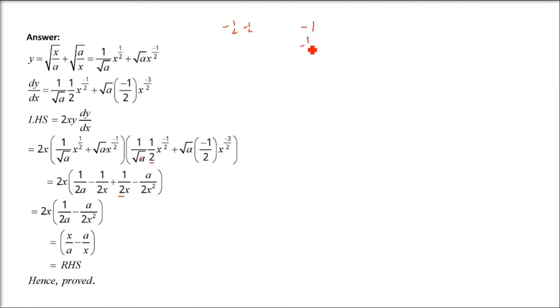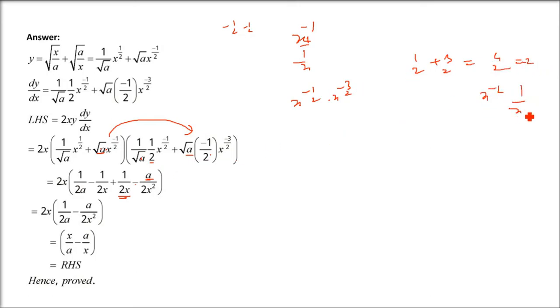So we have 1 by x, so 1 by 2x has come. Now multiplying this, root a will be a, and minus 1 by 2 it is. X is minus half and x is minus 3 by 2. So minus half and minus 3 by 2, it will be minus half and 3 by 2, so 4 by 2, that is 2. So minus is already there. So x raised minus 2. So you have 1 by x square. That is how x square has come.